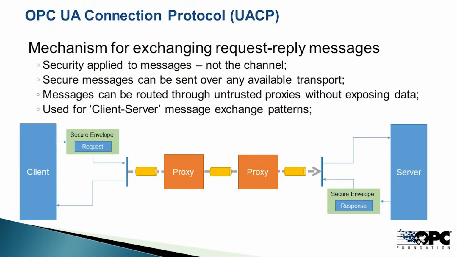Now, the UA connection protocol is intended for request response, so it uses PKI to negotiate session keys that are used to encrypt and sign all the messages that are exchanged. The certificates that both the client and the server have are used to determine trust, and this is an important part of any industrial control system.